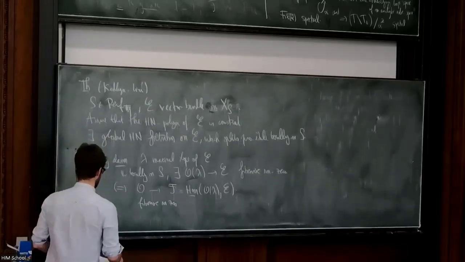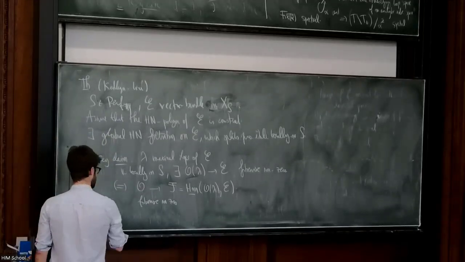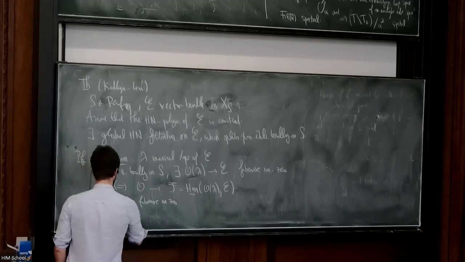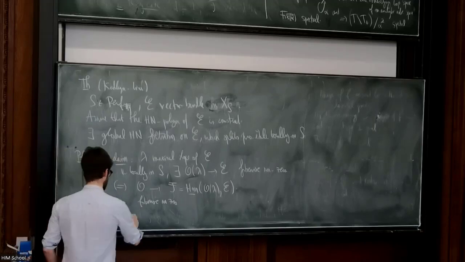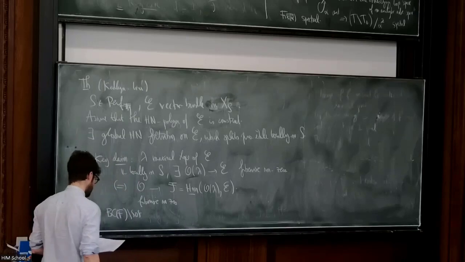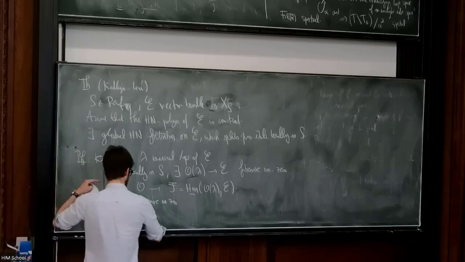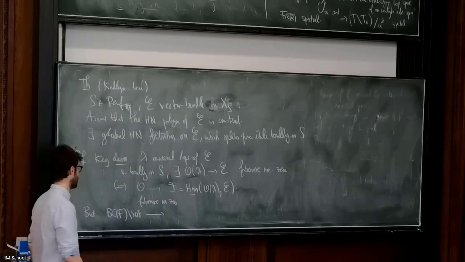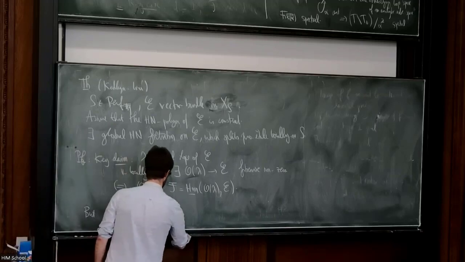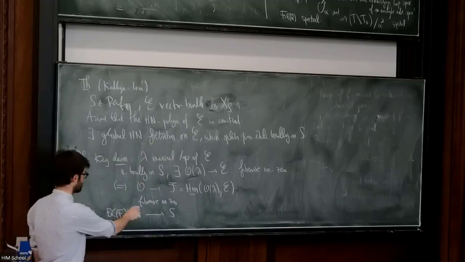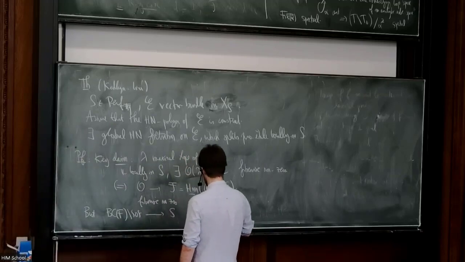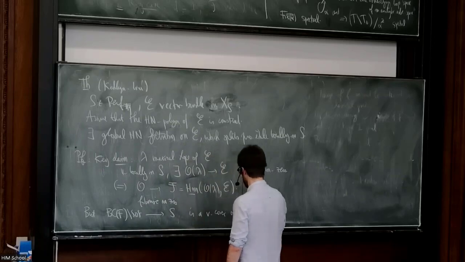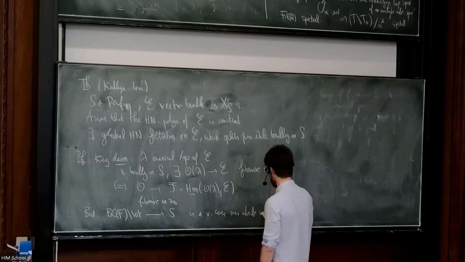But now we observe that the Banach-Colmez space of F minus 0 will map to S. And I claim that this is precisely the v-cover over which we have such a section.